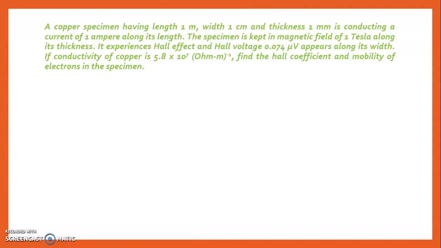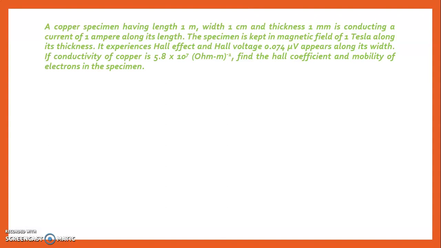It experiences the Hall effect and a Hall voltage of 0.074 microvolt appears along its width. If the conductivity of copper is 5.8 into 10 raised to 7 ohm meter inverse, find the Hall coefficient and mobility of electron in the specimen.